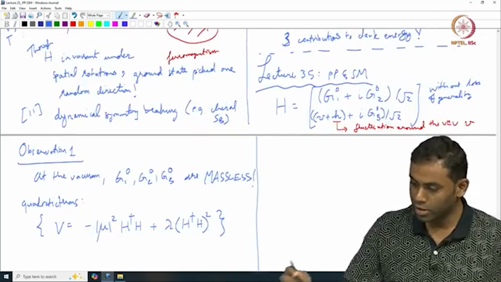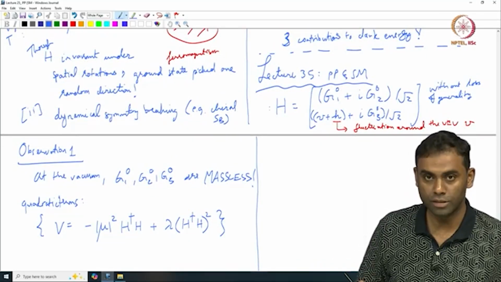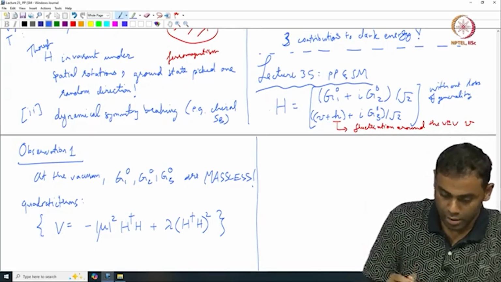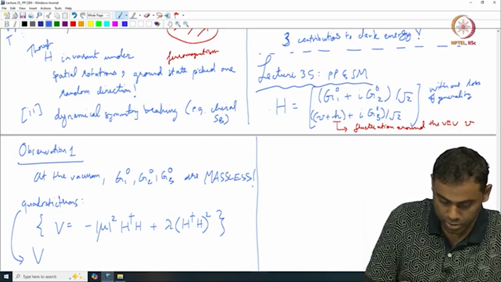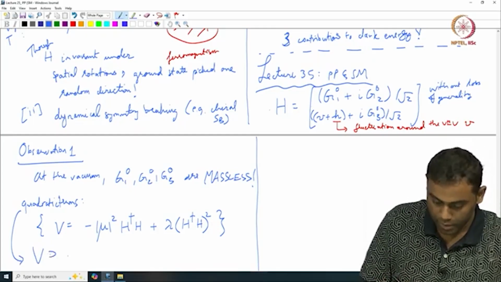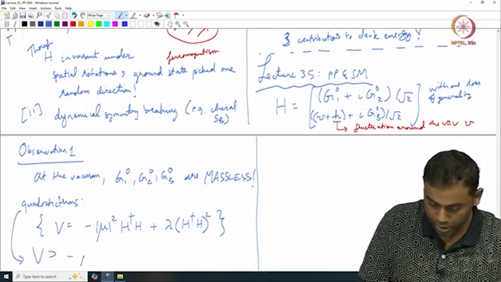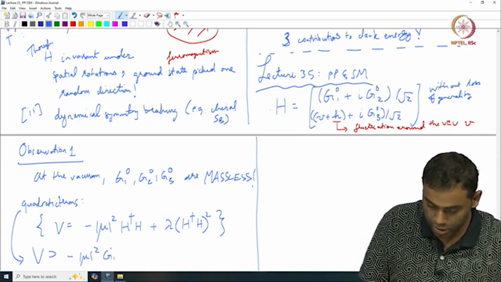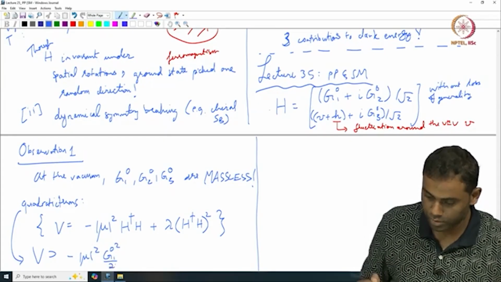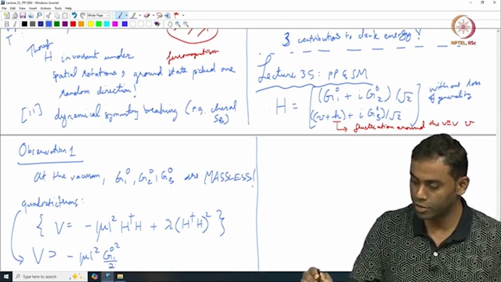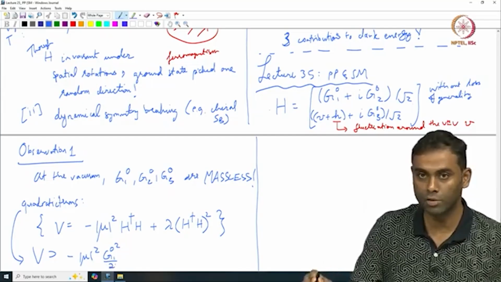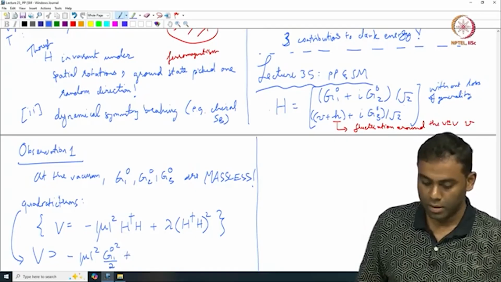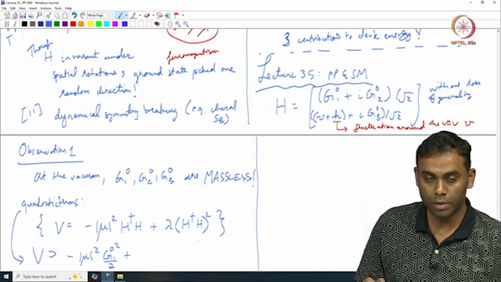Now, go back to this, plug in the h, parameterize this way, and you will find that the quadratic terms, okay, from the mu squared I have a G10 squared over 2, agreed? G10 squared, that is why I have a square root of 2, right, plus, will I get something from the quadratic term?